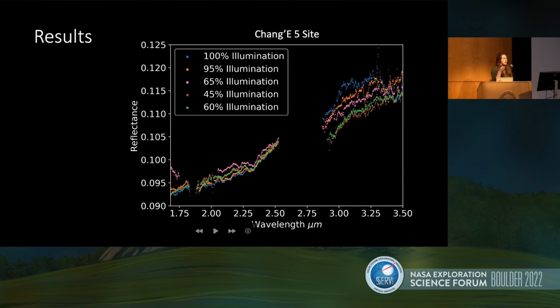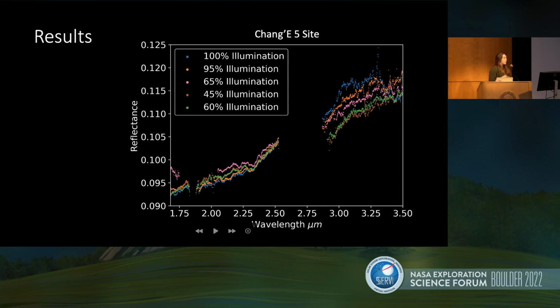But as you go down looking at 95%, 65%, and then 45% illumination, you can see a systematic decrease in the reflectance at 3 microns and the development of a band. And then the 60% illumination exiting the eclipse stays at the level of the 45% illumination band.